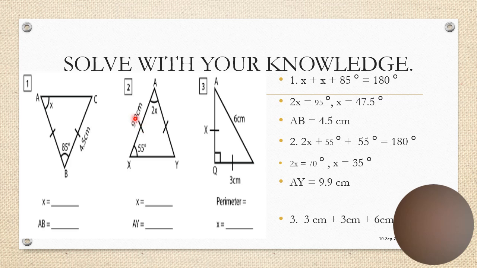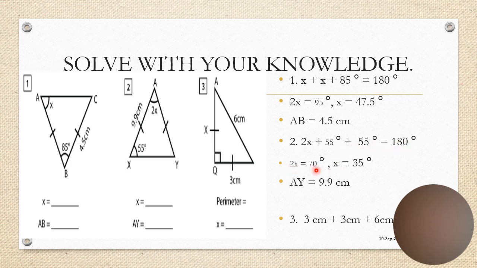Second question, once more, your isosceles. In other words, this angle is opposite that side. Which other side is equal to that side? This one. Which angle is opposite that one? This one. Therefore, this angle will be 55. Therefore, you'll be having 2x plus 55 plus 55, which is 180.